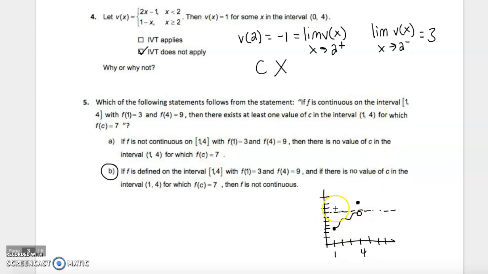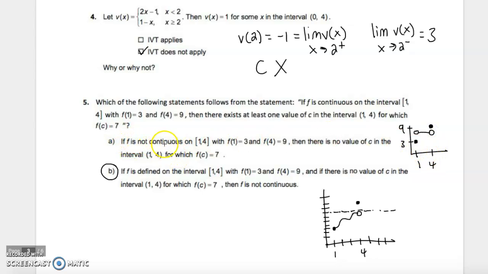We could have this scenario, but we could equal 7. So for example, if I have a function that's not continuous, here's 1, here's 4, there's 3, there's 9, right? So like I could have a point here, and then I could have a point up at 4, 9, and then all of my points in between could be at 7, right? That would be an opportunity.